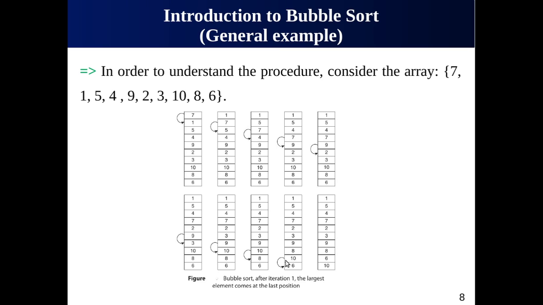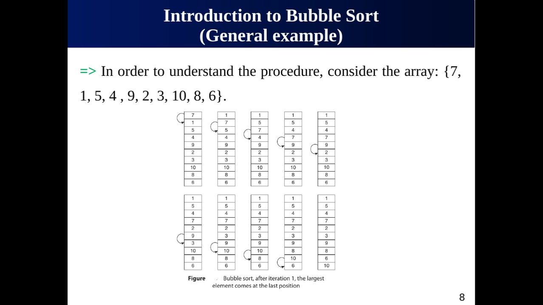And finally do the last comparison, that is compare the element at the n-1 location with the element at the n location. After comparison, we observe that 10 is greater than 6, so you have to swap them. Now 10 is at the last location. This is pass number 1, or phase number 1, or step number 1 of the bubble sort algorithm.